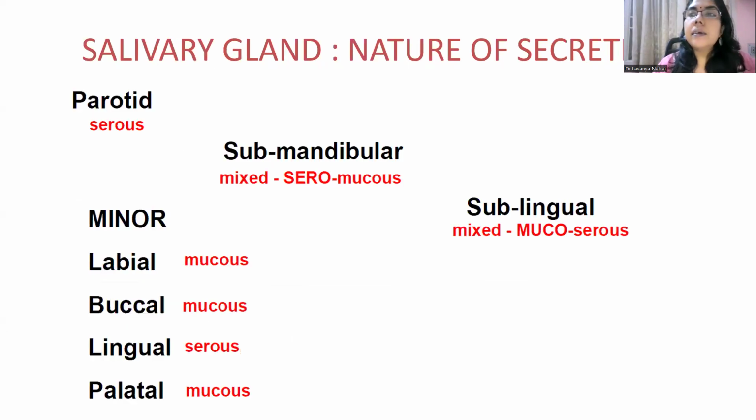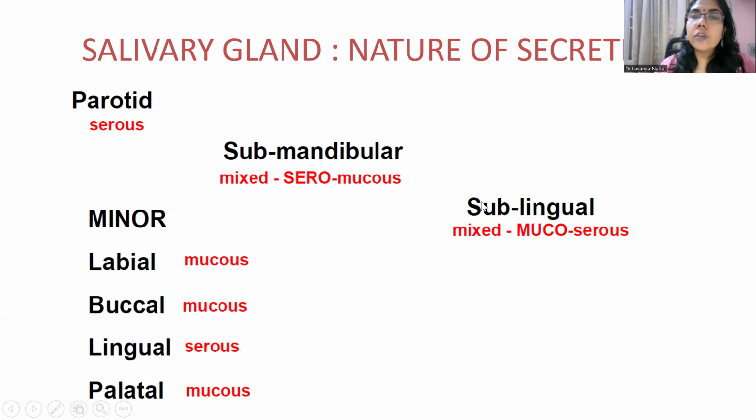Now, just a gist of the nature of secretion of all these glands. The major glands, as you know, are the parotid, submandibular, and sublingual. The parotid is exclusively serous in nature. The submandibular is mixed. That is, it is both serous and mucous, but the secretions are more serous than mucinous in nature.